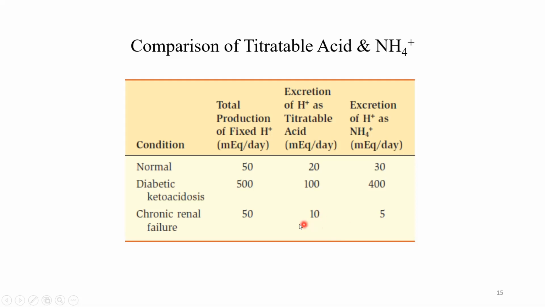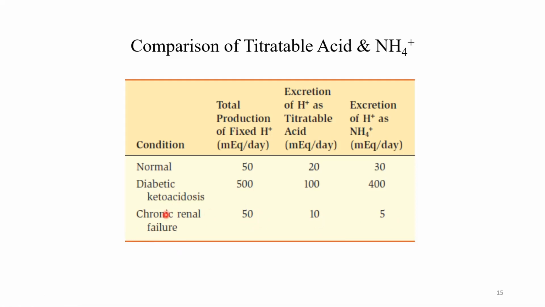And as you see, in this scenario the whole net acid load is not being sorted out. Only about 15 milliequivalents are being barely managed. So you retain more acid than you produce, and in chronic renal failure you have development of metabolic acidosis, because the titration and the excretory mechanisms of the kidney are not working because of damage to the kidney itself.